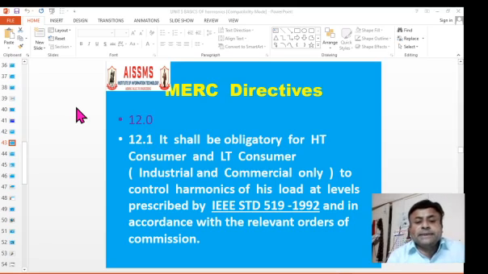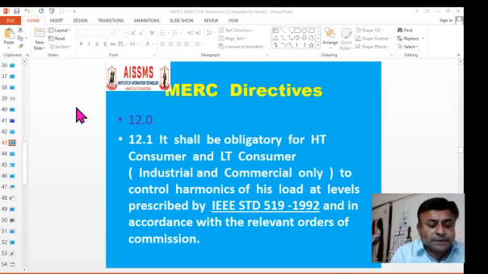the fact that it shall be obligatory for HT consumers and LT consumers, industrial and commercial only, meaning residential customers are not included, to control harmonics in his load at the levels prescribed by IEEE standard 519-1992 and in accordance with the relevant order of the commission.